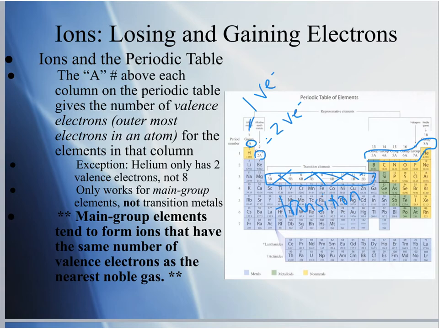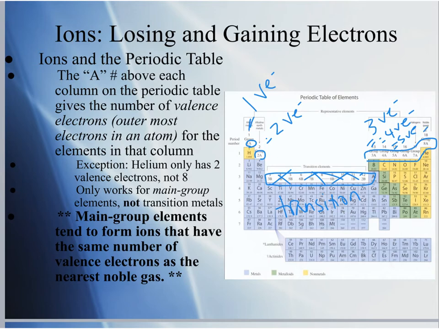So that rule doesn't work. That's what I mentioned before about them screwing up our rules. But as soon as we get over to group 3A, going along with our pattern, it has 3 valence electrons. 4A, 4 valence electrons. 5A has 5 valence electrons, and so on and so forth.